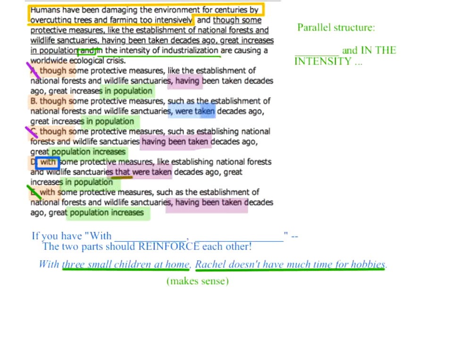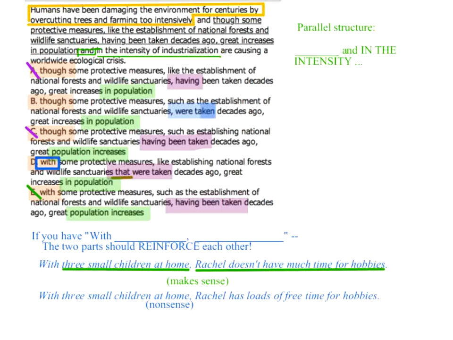If you said something like, "With 3 small children at home, Rachel has loads of free time for hobbies." Again, there's no grammar issue in this sentence, but this is a complete nonsense sentence.